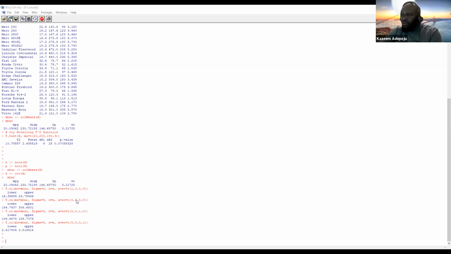This is the second one. It means I'm not considering the other ones here. For the third one, it's going to be this, and for the fourth one, it's going to be this. So this is the confidence interval code for obtaining the simultaneous confidence interval for multiple variables. Does that make sense to you now?